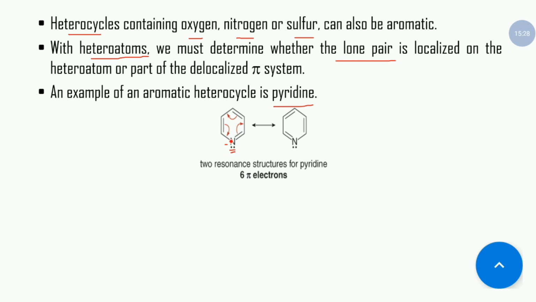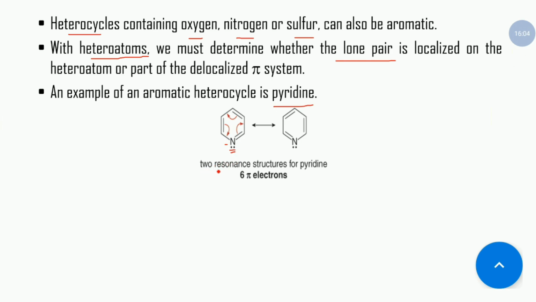Whatever the heteroatom may be, oxygen, nitrogen, or sulfur, here the nitrogen atom is directly attached to a pi bond. So conjugation is already there, and there is no need for the lone pair to participate in the conjugation process. It remains outside the structure.